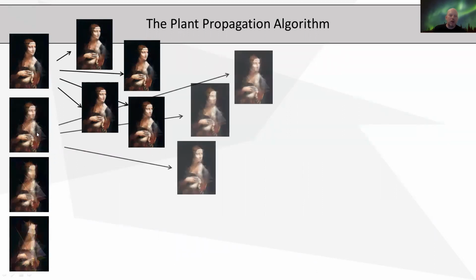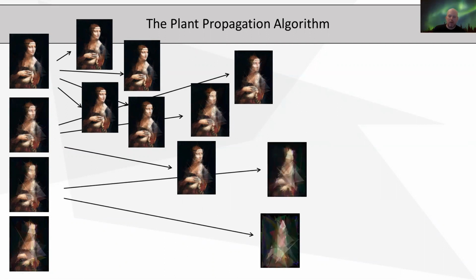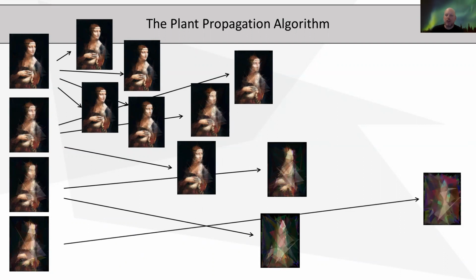Number 2 makes slightly fewer offspring, only 3 in this case, with slightly larger mutations. Some are a little bit better, some are a little bit worse. Number 3 makes still fewer offspring with larger mutations, and one of them is actually very, very bad, as you can see. And number 4 makes the fewest, is that the word?